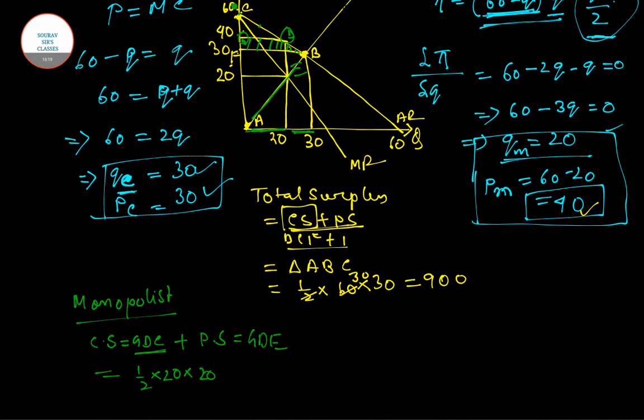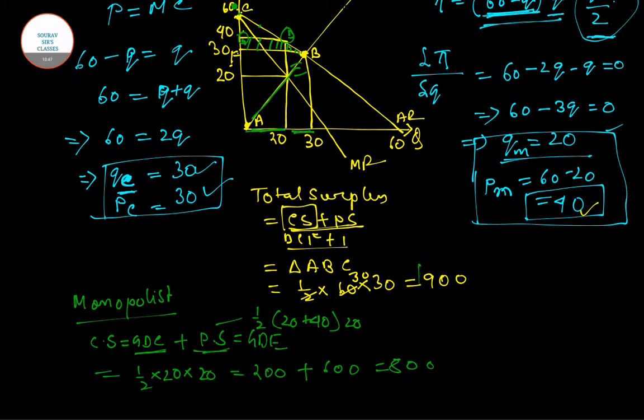Here it was 30, here it is 20. So the value will be equal to 200. And for producer surplus, similarly you get half into 20 plus 40 into 20. From here you will get the value 600. So total you will get 800.